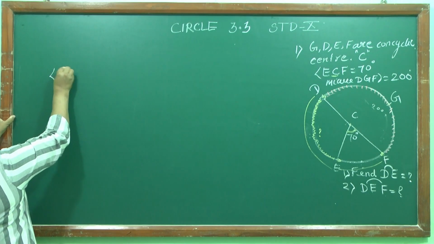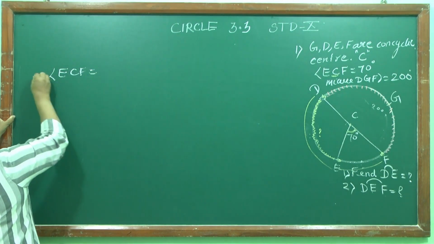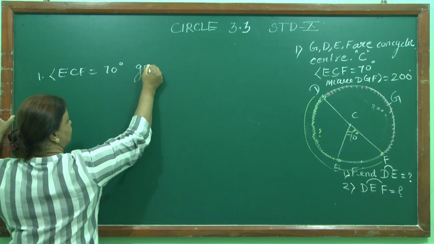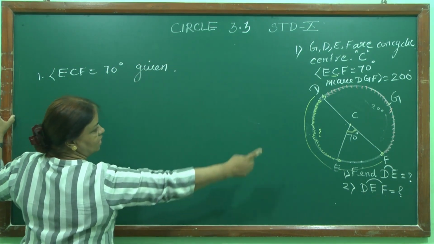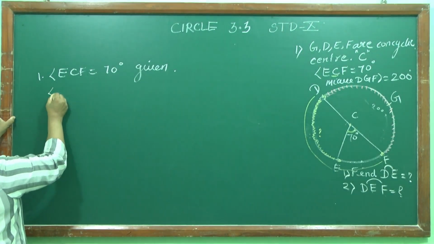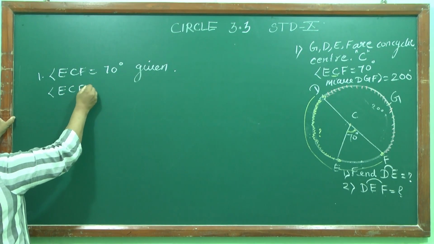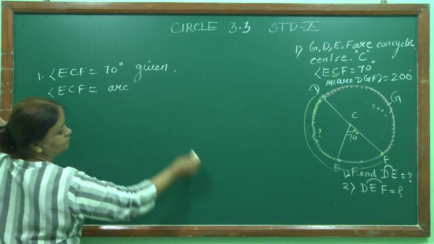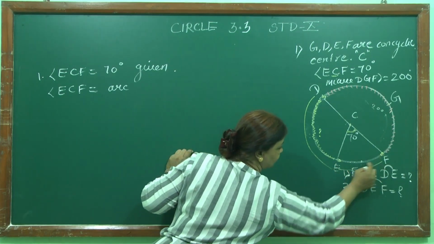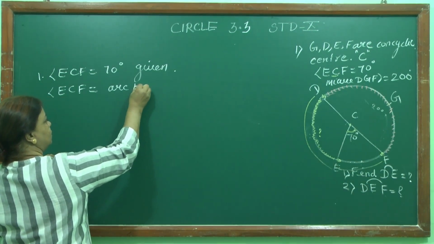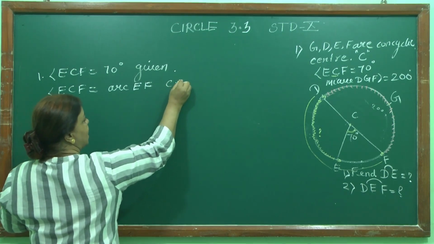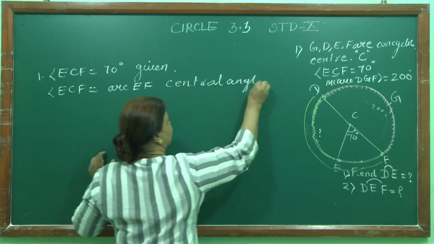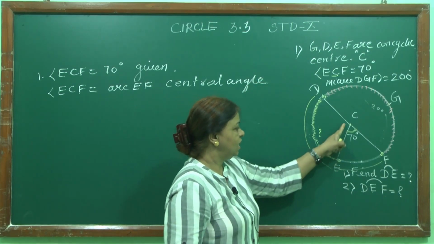Angle ECF is equal to, first point, 70 degree, given. Now look at this. Angle ECF is equal to arc EF. What is the reason for it? Central angle.